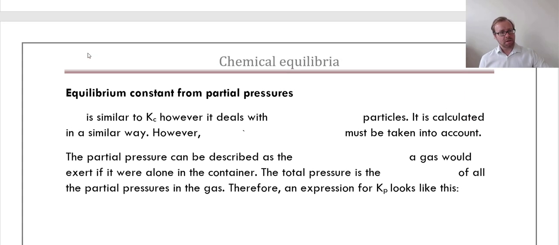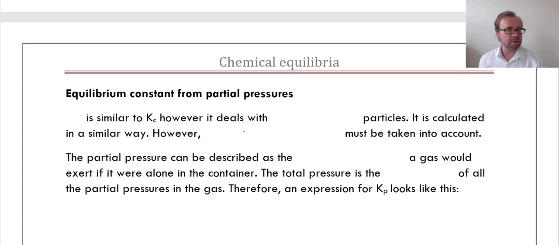Okay, so partial pressures. So we give the notation Kp to the expression for the equilibrium constant. So Kp is similar to Kc, however it deals with gaseous particles. And it's calculated in a very similar way.